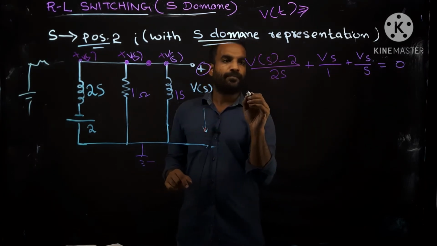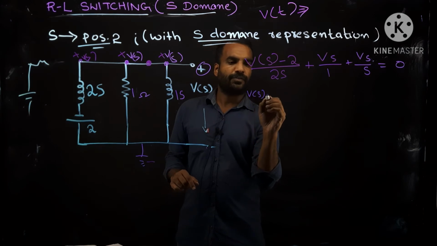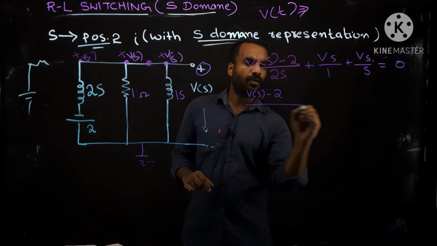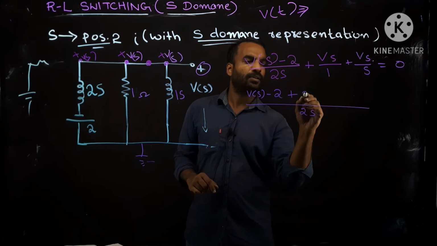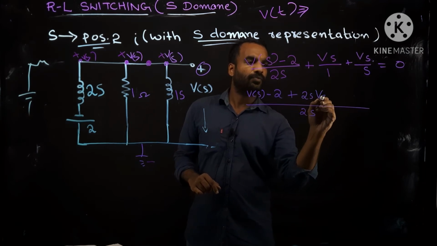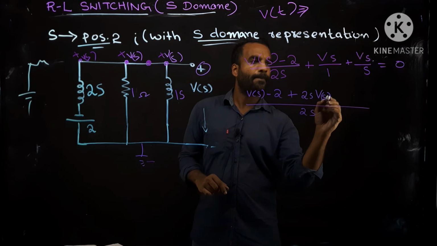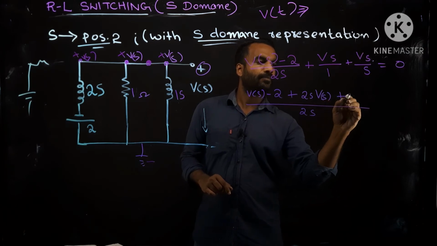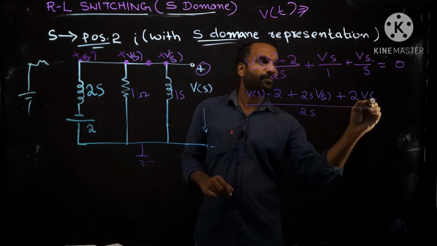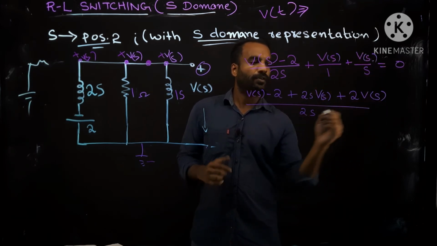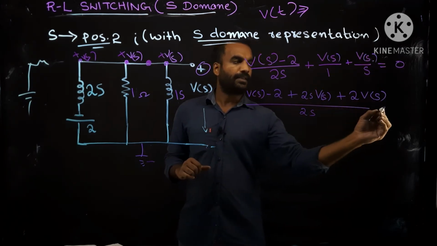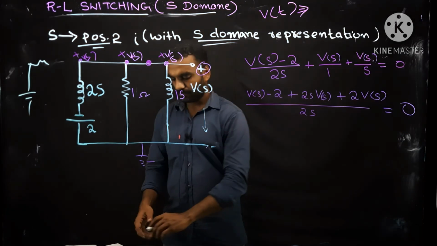So, V of S minus 2 by 2S plus V of S, plus V of S by S, is equal to 0.